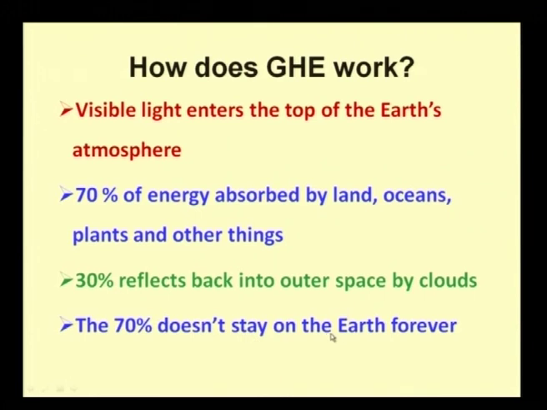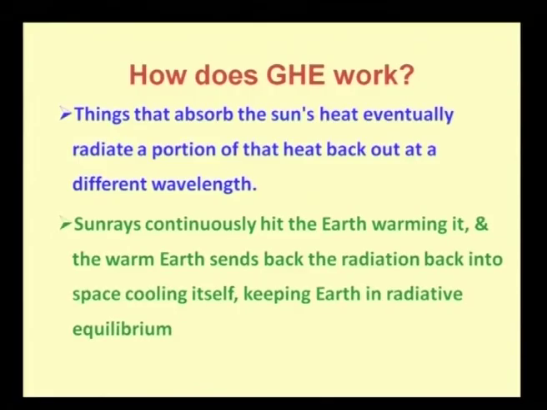The things that absorb the sun's heat eventually radiate a portion of that heat back out at a different wavelength, and therefore some amount of that 70% is re-radiated.